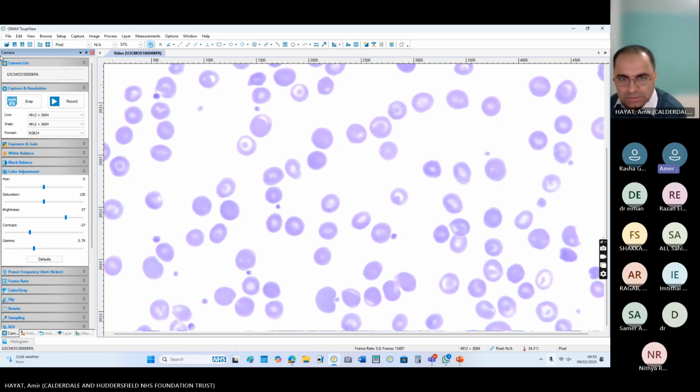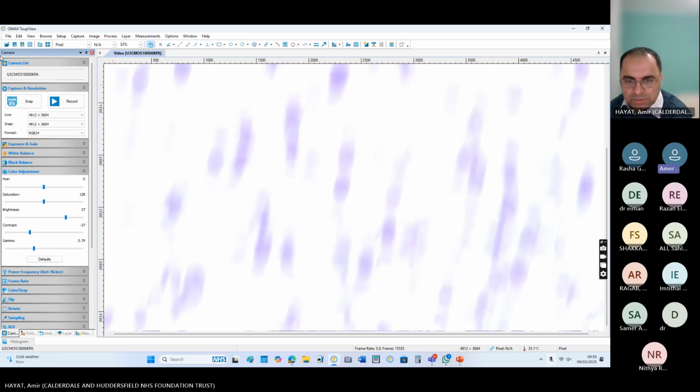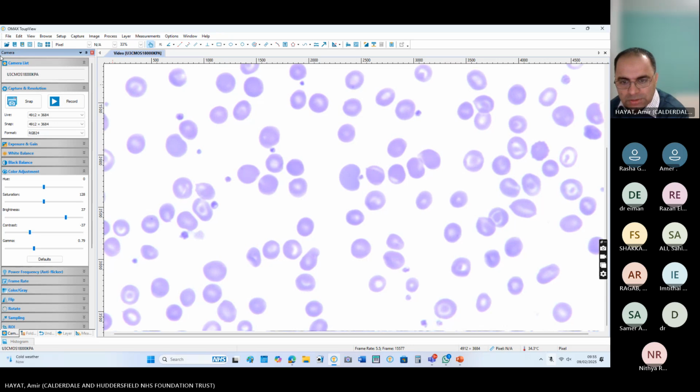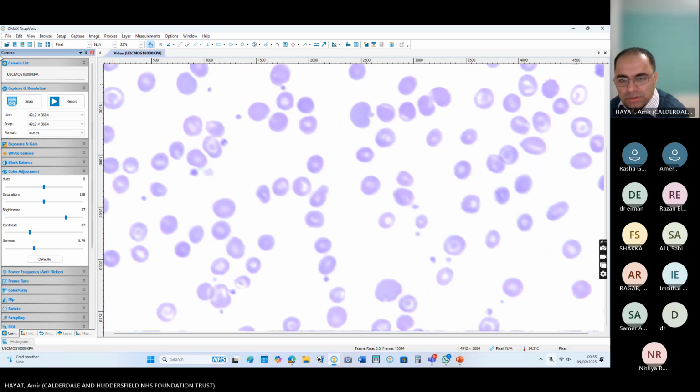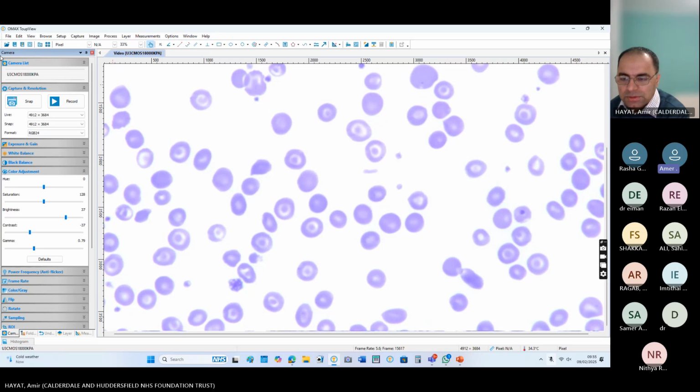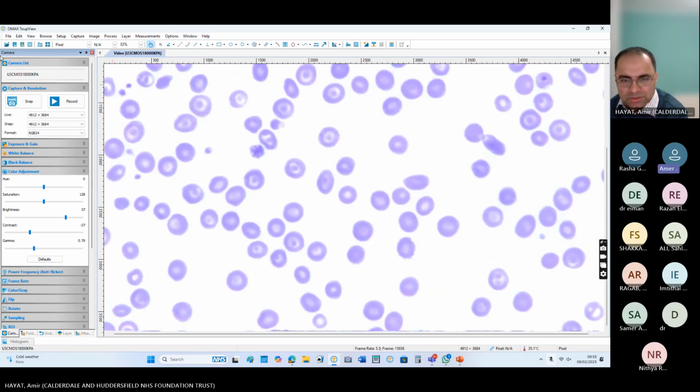So you will write target cell, Howell-Jolly body, and in RBC we have seen spherocytes, and we have seen macrocytes here as well, thrombocytosis. All the blood films in the exam are not for reporting purposes, are not for diagnostic purposes. They may ask you what is the differential diagnosis of the blood film.